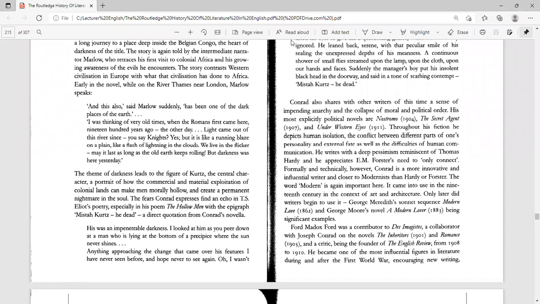Conrad's novels are political novels like Nostromo, The Secret Agent, and Under Western Eyes. Throughout his fiction, Conrad depicts human isolation, conflict between different parts of one's personality and external fate, and difficulties of human communication.